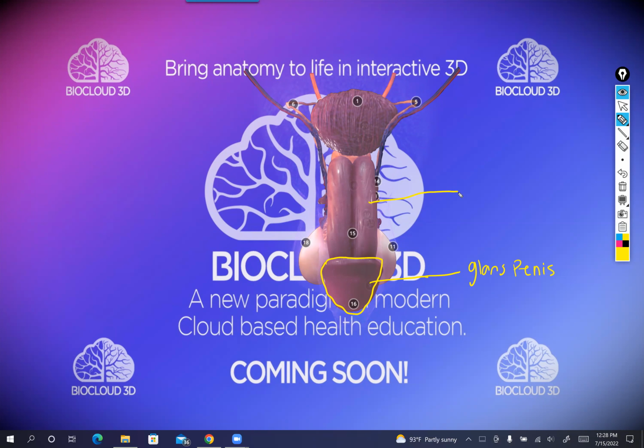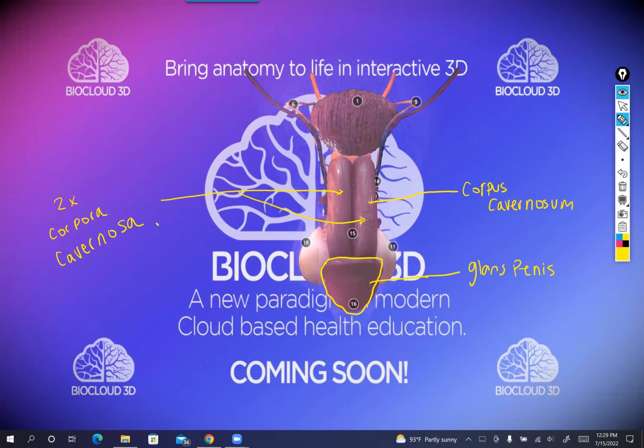I'll do the plural and the singular form so you have an example of each. So this is one corpus cavernosum. And if I were to label both of them like so, two corpora cavernosa.